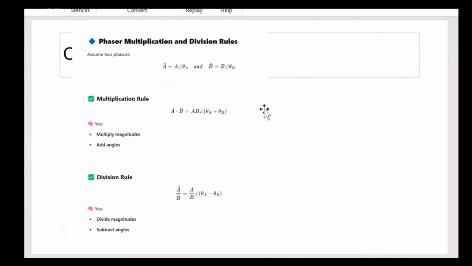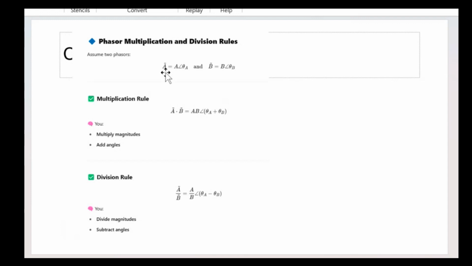Next slide is just a reminder of how we can multiply or divide two phasors, and it's going to be handy because it simplifies multiplication and division of complex numbers.